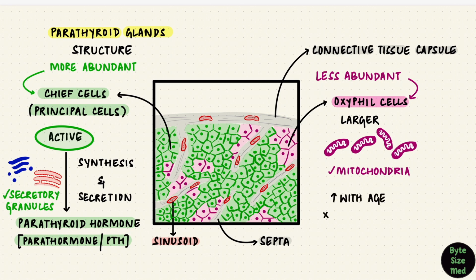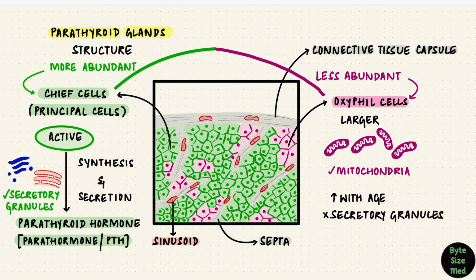They're not very active cells, so their machinery is not as impressive as the chief cells, like the endoplasmic reticulum, the Golgi apparatus, and the secretory granules. They're possibly modified chief cells that are no longer active, so they don't secrete PTH versus the chief cells that do.